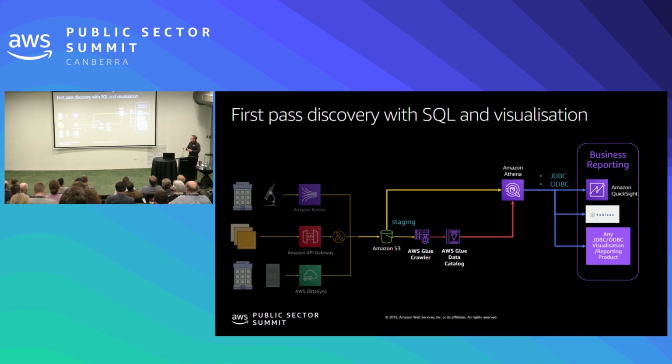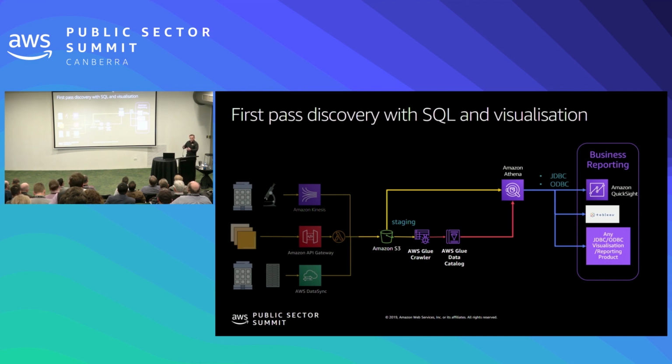And Athena will hook into the data catalog, which becomes its data dictionary, and use the schema information and the location information in that data catalog to run SQL queries directly against the S3 data. So it basically makes the S3 data lake and the associated catalog look like an SQL data engine. And to the outside world, Athena supports protocols like JDBC and ODBC.